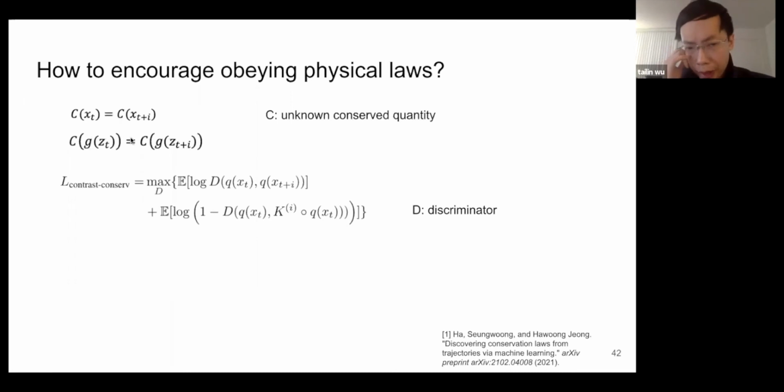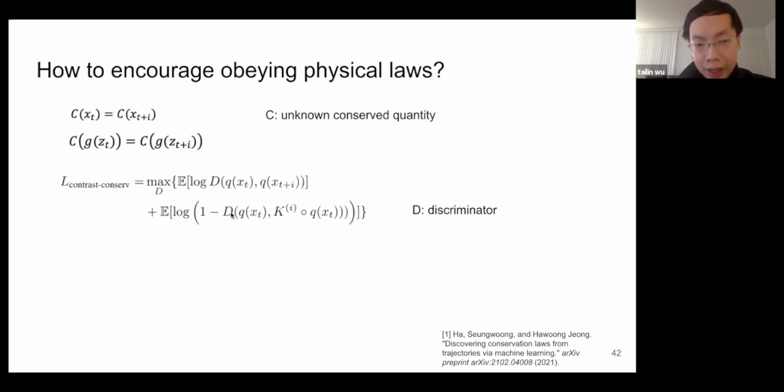Basically, we can train a discriminator which tries to predict whether the two states conserve some quantity. For example, here we give the discriminator some ground truth, which we know must conserve some quantity.